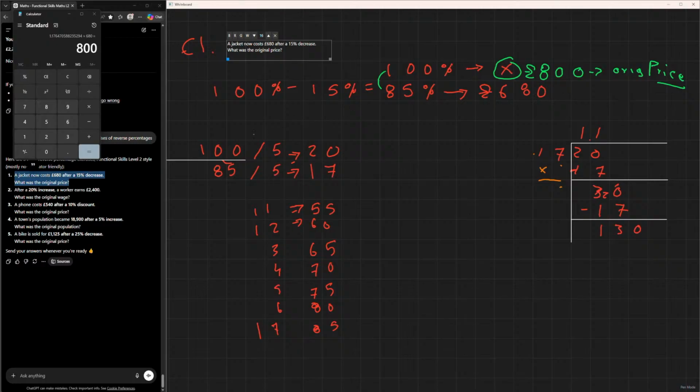Now I want to see what if I did 680. Wait, I need to write 1.17, 64. I'm not gonna add more.